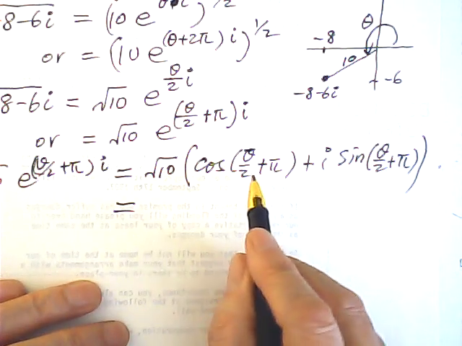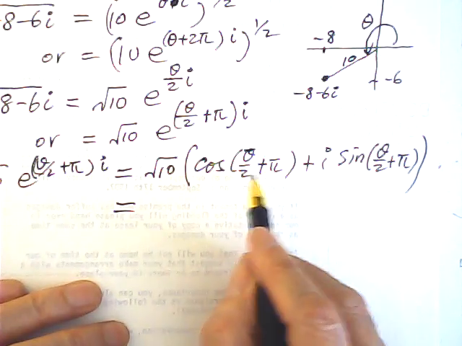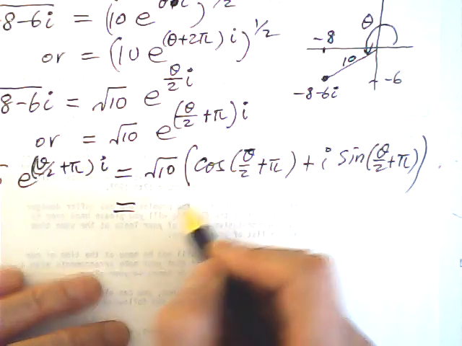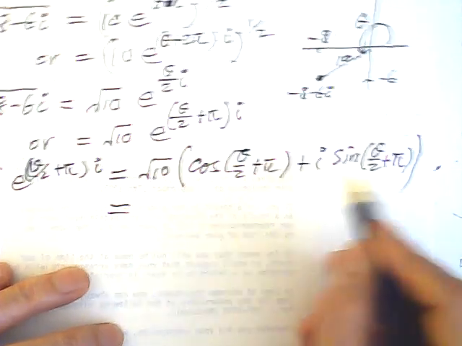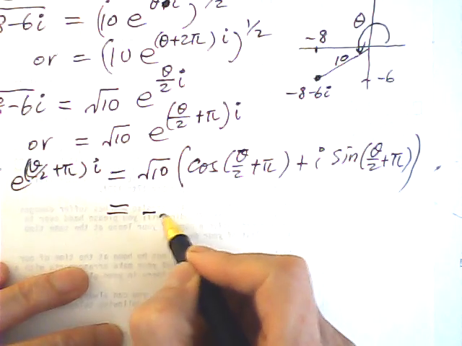Cosine of an angle plus pi is negative, right? So this is equal to negative cosine, and this is a negative sine.